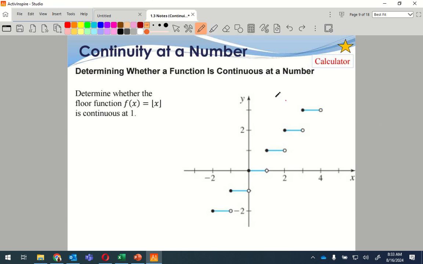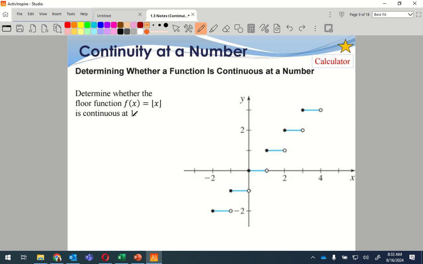So what's going to happen is, if it is 1.1, it stays at 1. And it always goes down to the next integer. 1.2, still 1. 1.3, still 1. 1.4, still 1. 1.9, still 1.